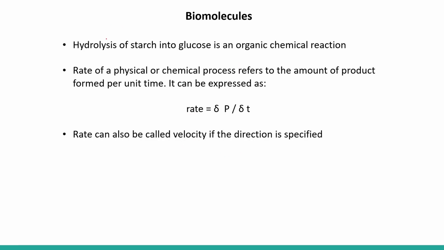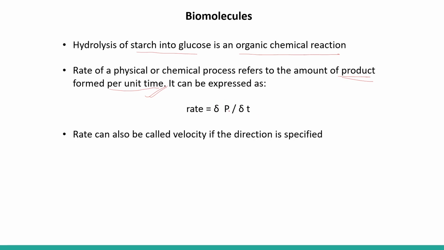Hydrolysis of starch into glucose is an organic chemical reaction. The rate of a physical or chemical process refers to the amount of product formed per unit time. This is very important, per unit time. In a given time, how much product is formed defines the rate of a physical or chemical process.